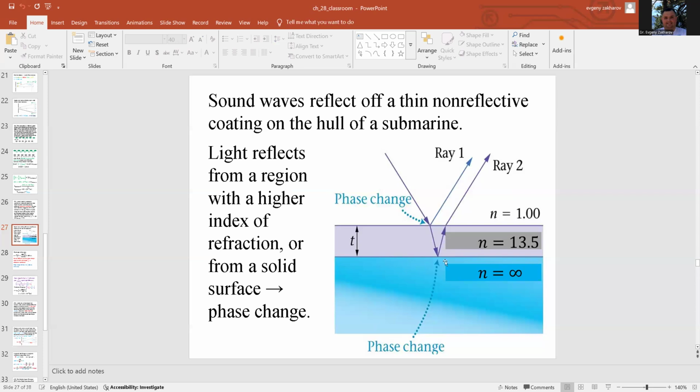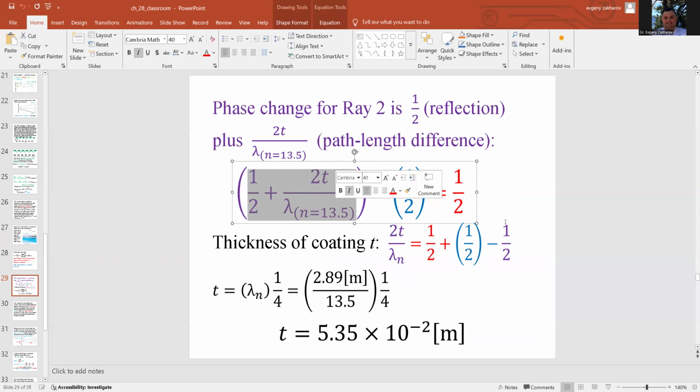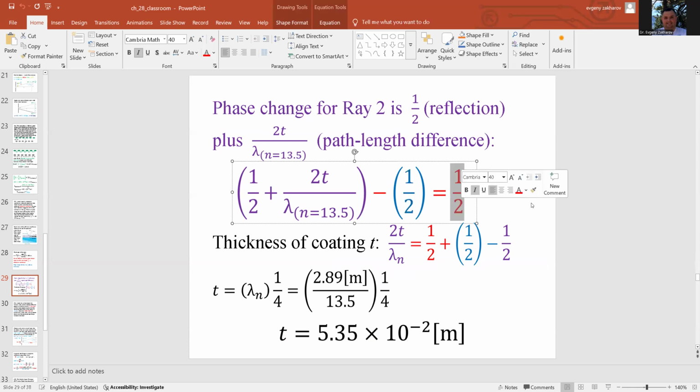I mean, that was the second ray. And the first ray is just one half phase change between the first and the second matter. So this is ray 2, this is ray 1, and the difference between them two must be one half for the destructive interference.